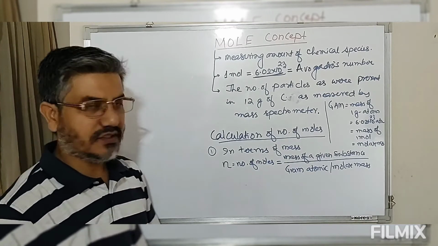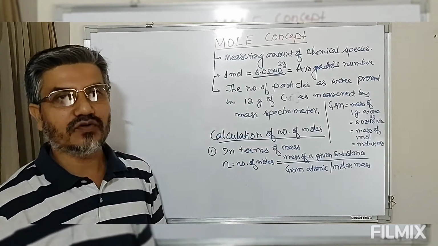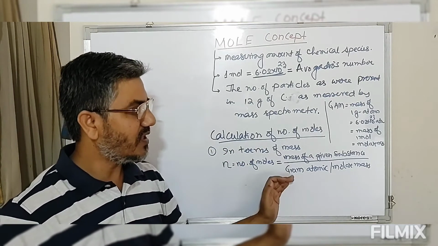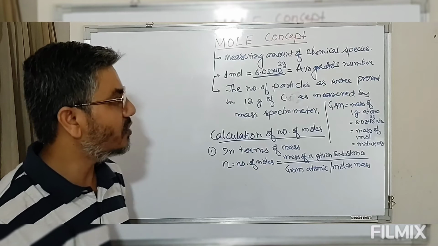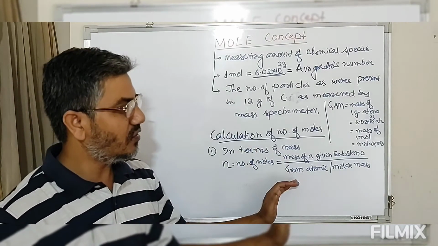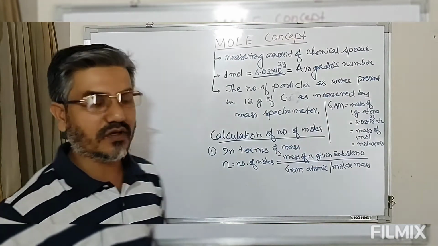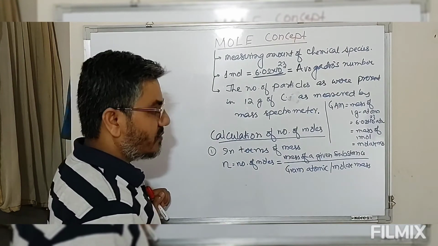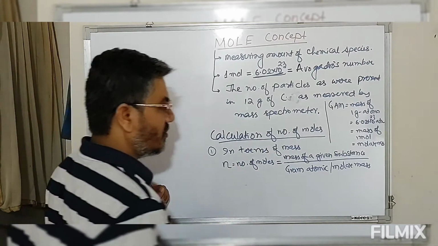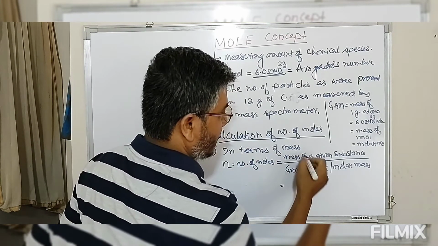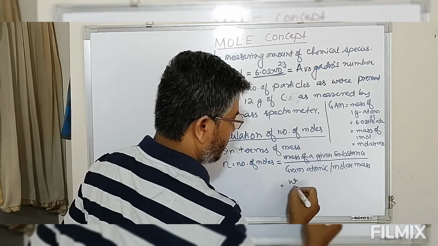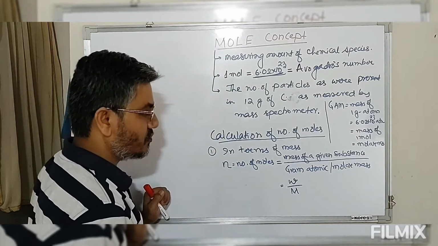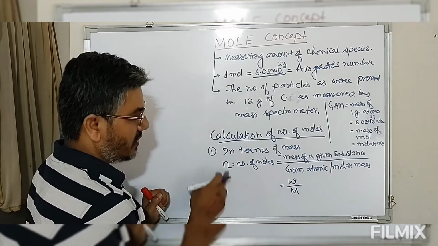So this is what we call gram atomic or gram molecular mass. So mass of 1 gram atom is gram atomic mass. Mass of 1 gram molecule is gram molecular mass. So mass of 1 mole of substance, that is gram atomic or gram molar mass. So if we have mass and its gram atomic or gram molar mass, then we take the ratio to define the number of moles. So let's suppose the mass of given substance be W and gram atomic mass or gram molecular mass be M. So W over M is equal to the number of moles.